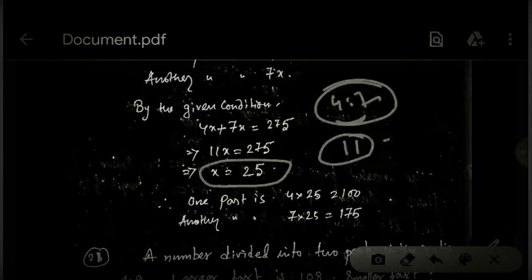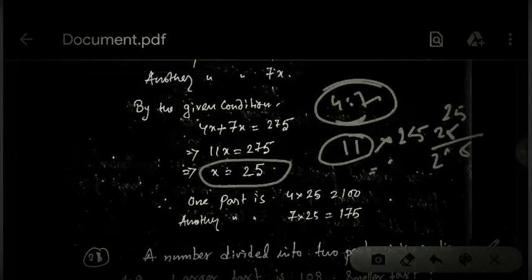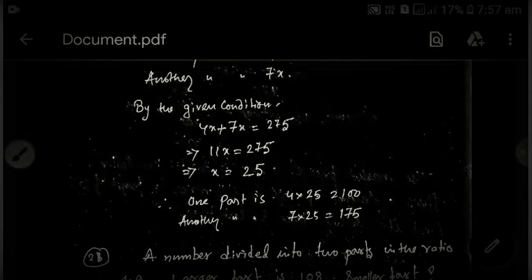Whenever you multiply 11 with 25, you get 275. This is actually the cross checking to find whether the ratio is correct or not.